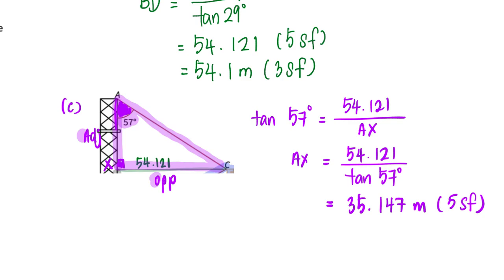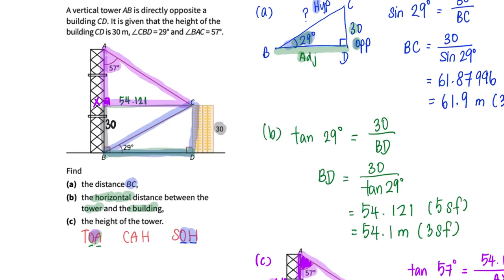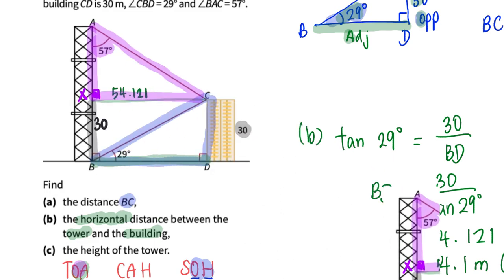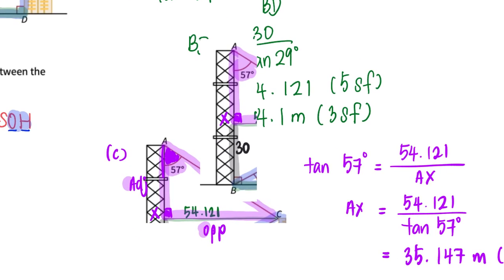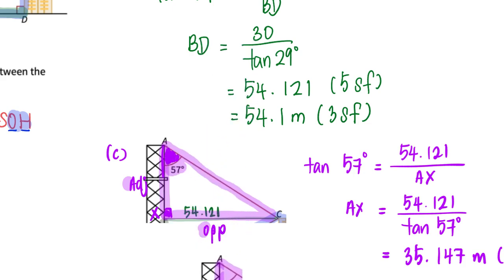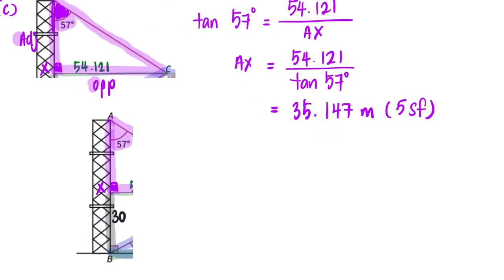And therefore final answer, the height of the tower, which is this AB, since I already got 35.147.